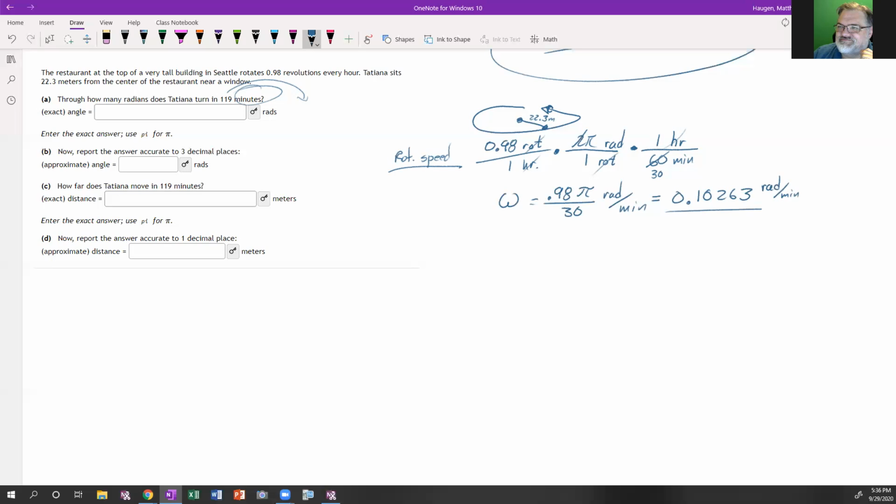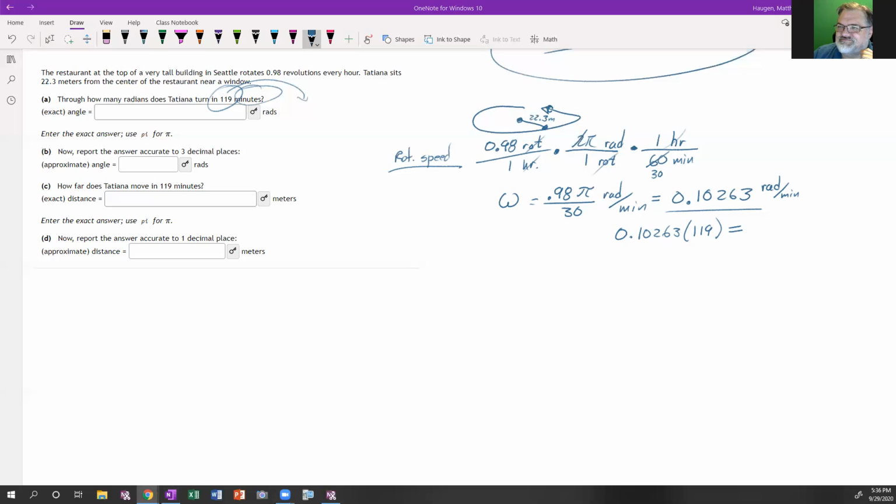So if we want to know how many radians we go through in 119 minutes, well, we go through this many per minute, so multiply that by 119, and we'll get how many radians we go through in 119 minutes.